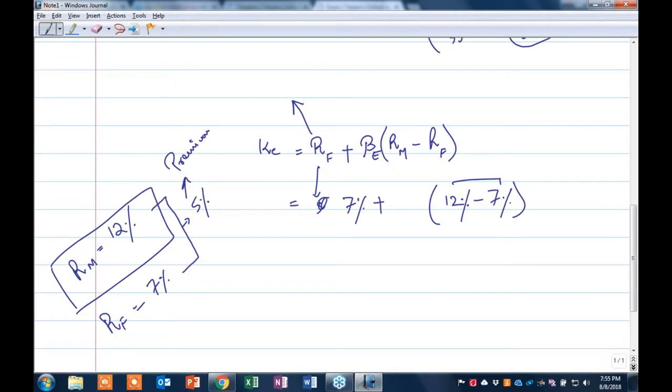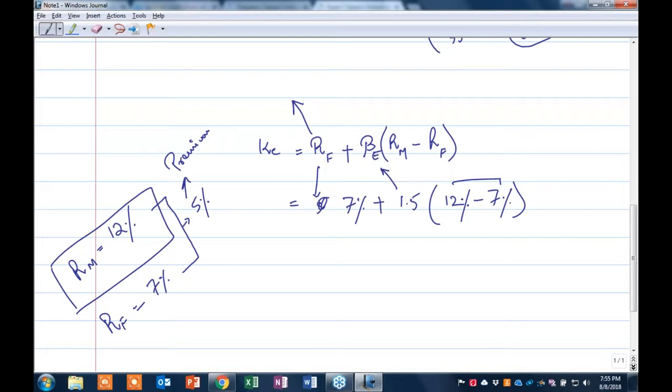But in case this specific company which we are talking about has more risk than the average market, then definitely we'll be asking a higher return or higher risk premium from this company. Let's say the company that we are talking about has 1.5 times equity beta, meaning that it is 1.5 times as risky as the average market. Or you can say that the share price of this company is 1.5 times volatile compared with the average market.